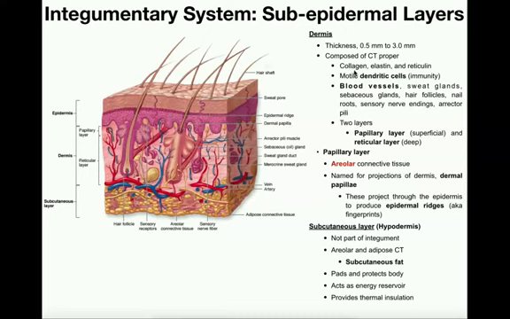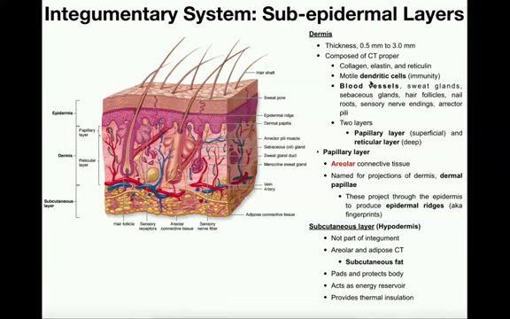Within the dermis, you have collagen, elastin, and reticulin, or collagen fibers, elastic fibers, and reticular fibers throughout the entire dermis. There are also motile dendritic cells. Recall that dendritic cells are immune cells that can act as phagocytes to destroy foreign invaders and foreign materials, protecting the integumentary system and preventing those pathogens from penetrating even deeper.